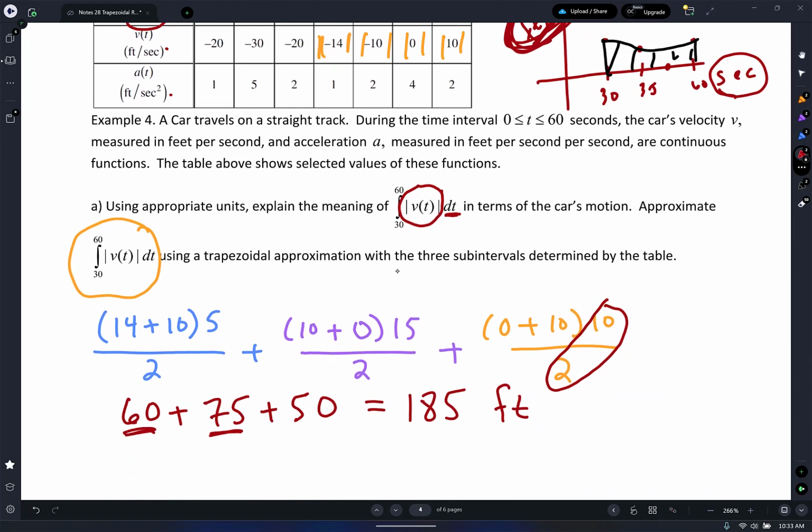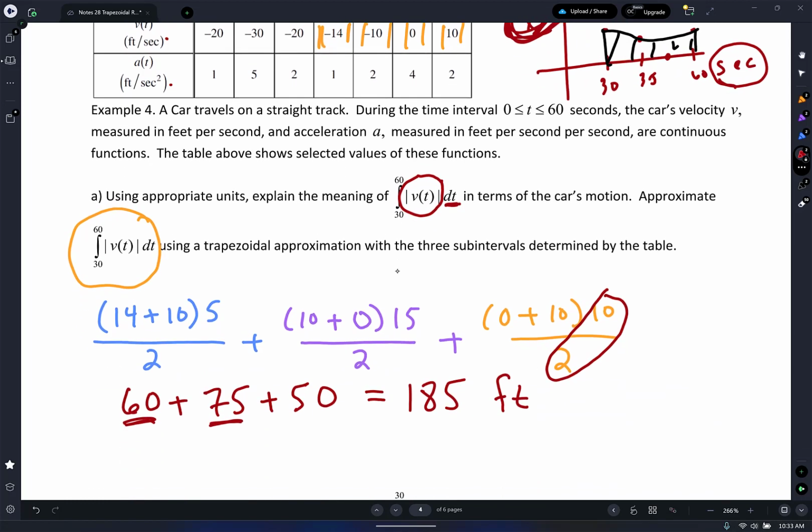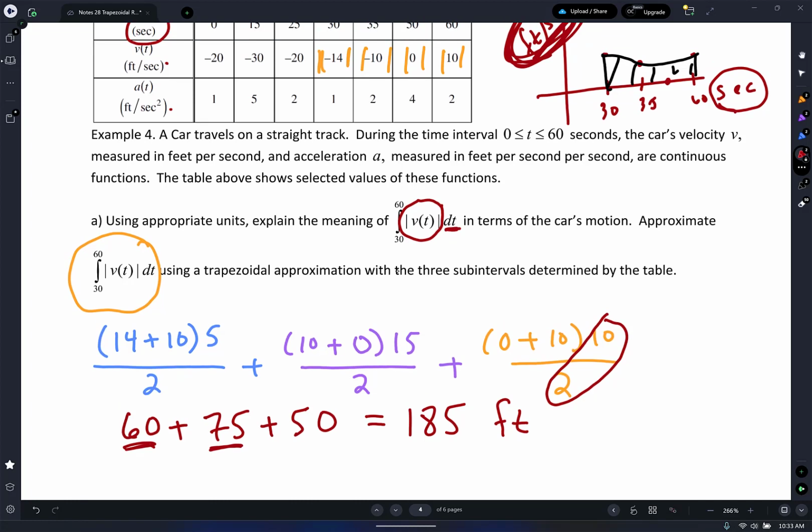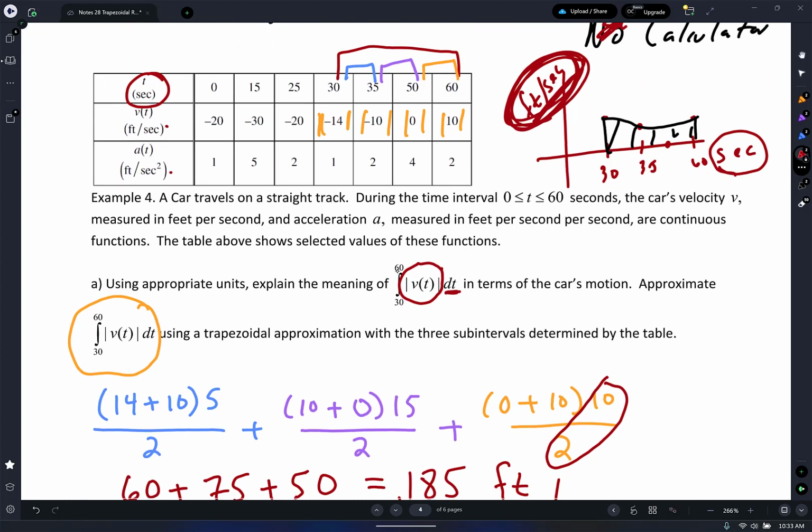So, all right. Now let's talk about what it means. So I have 185 feet. What does it mean in the context of this problem between 30 and 60? Give me a specific word that you use in physics. Distance traveled.